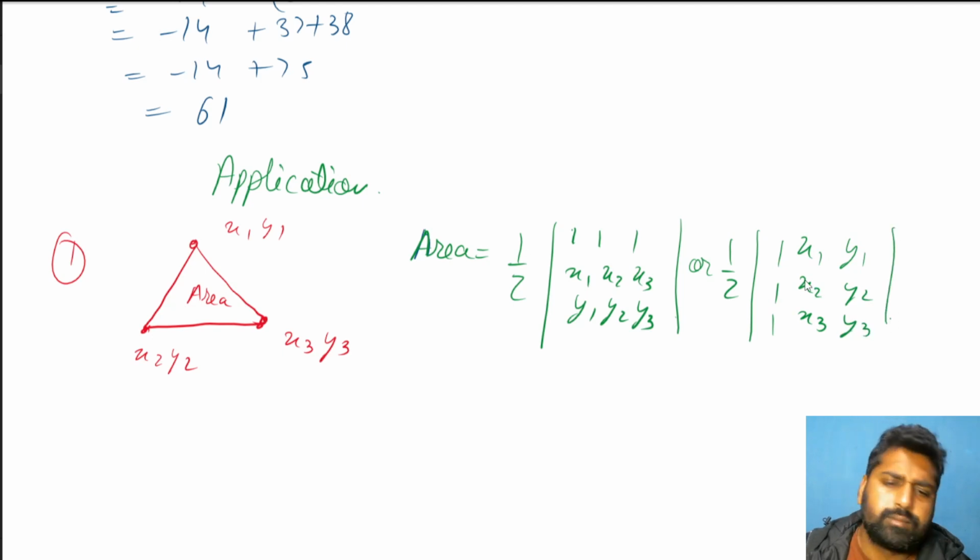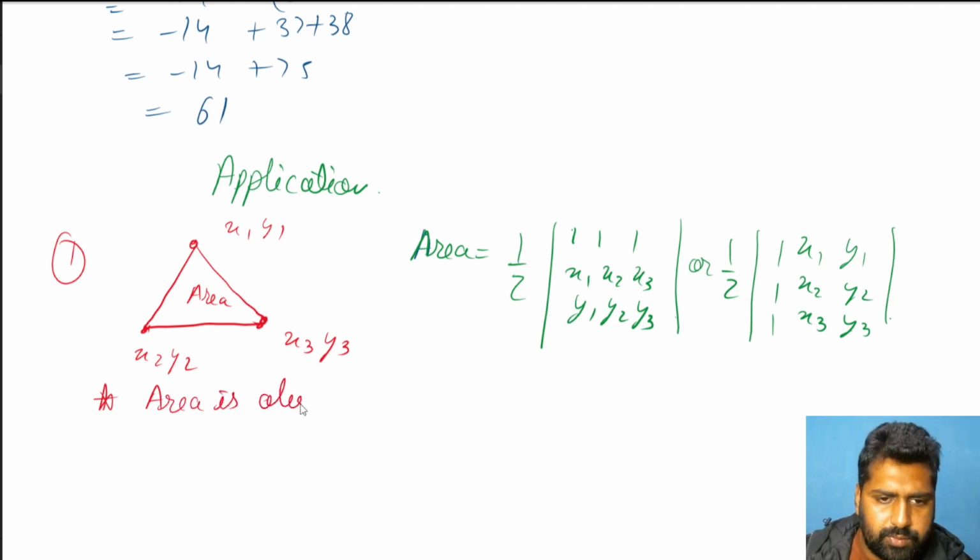That will give you the area. And remember that area is a scalar quantity, so area cannot be negative. If you get a negative answer, just apply another mod to make it positive. So area is always positive.